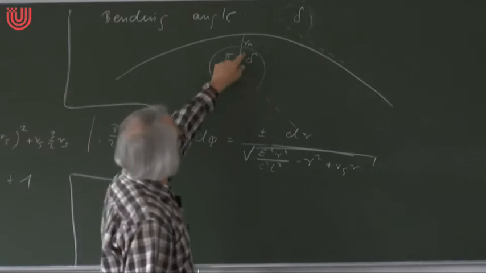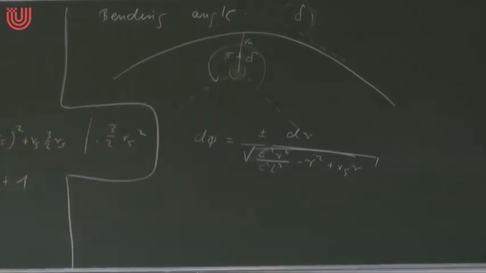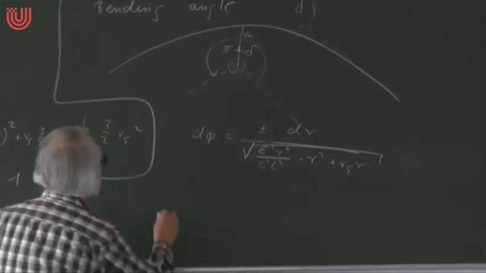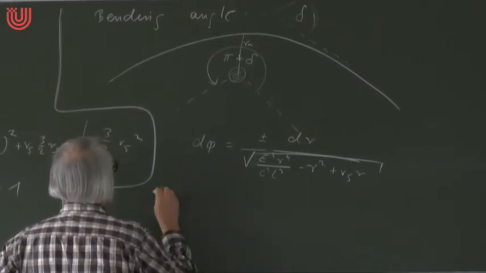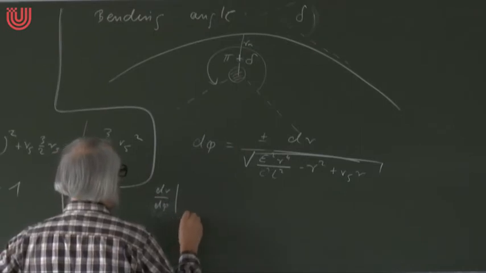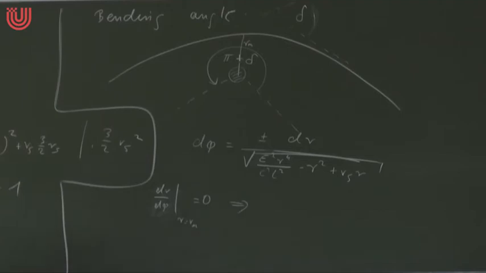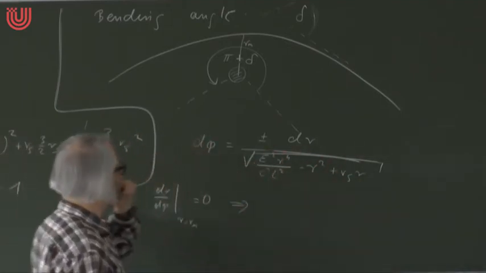Here I want to parameterize it by this minimum radius Rm. So I need to know what's the relation between E over L and Rm. Because we have dr by d phi, the other way around, it must be 0 at r equal Rm. And this implies that this expression must be 0 for r equal Rm, right?